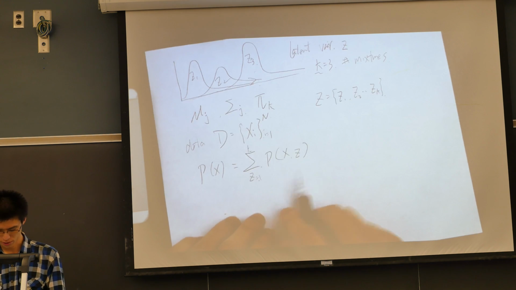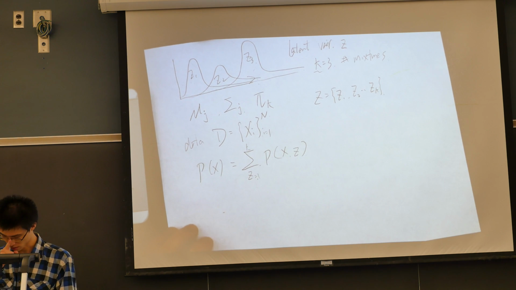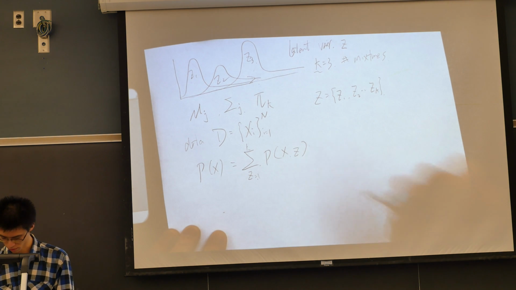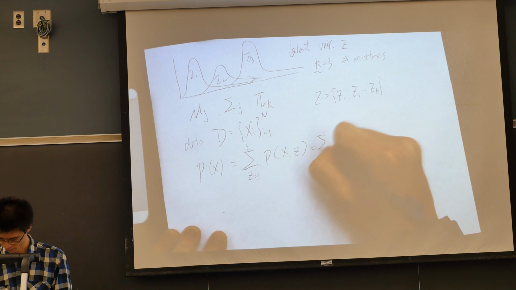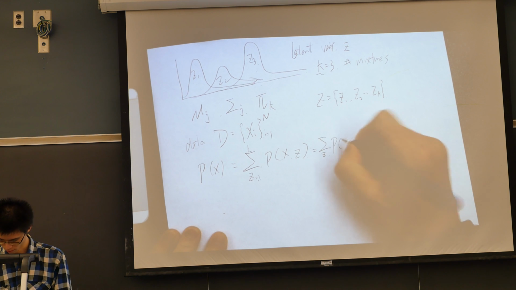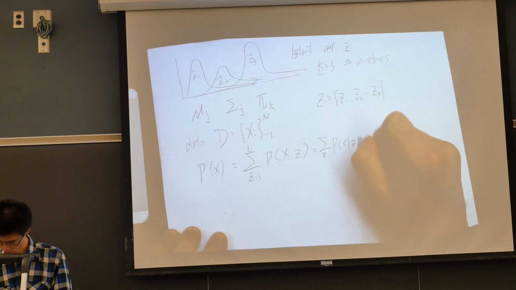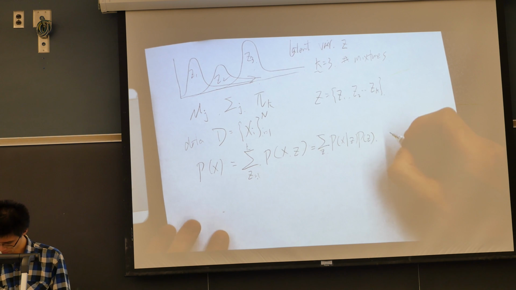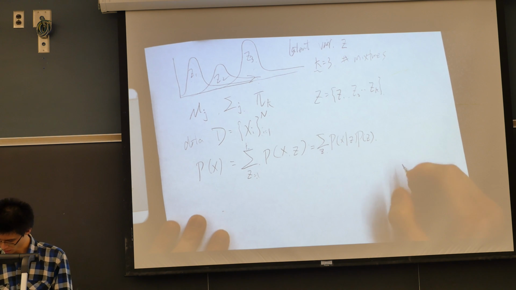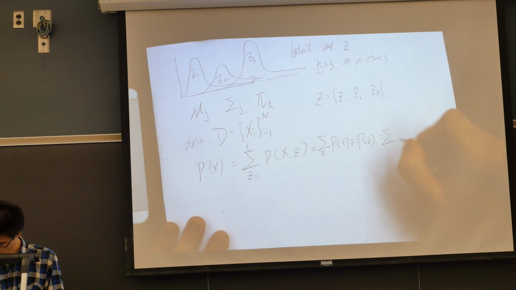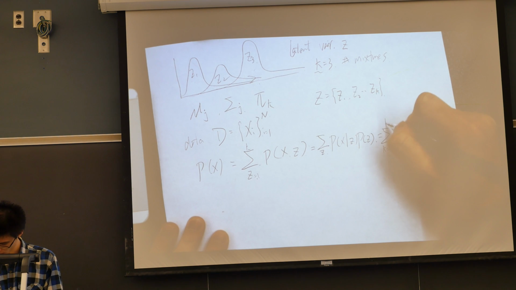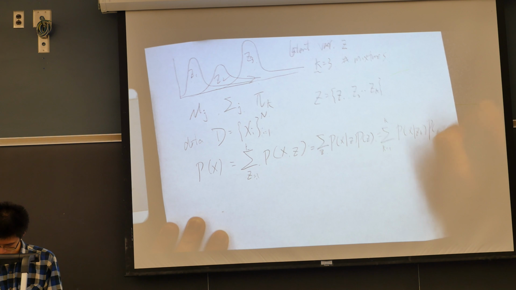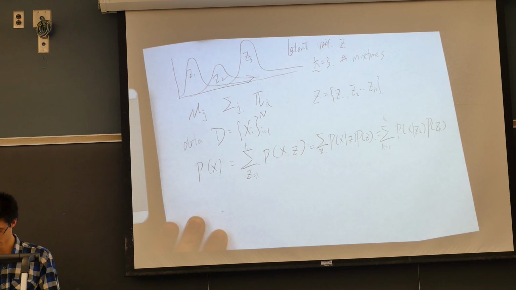Now we have written the data likelihood like this. So if we expand it, it's simply going to be like this.